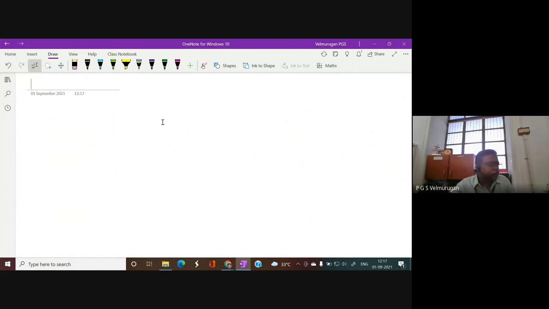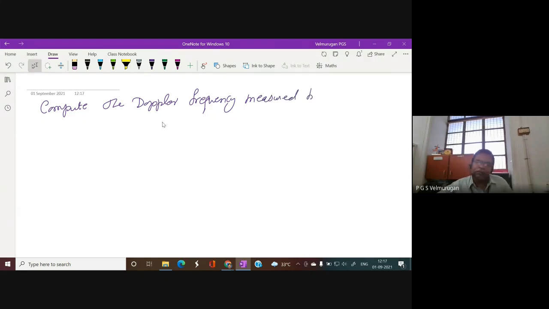Take down this problem. Compute the Doppler frequency measured by the radar shown in the figure below.